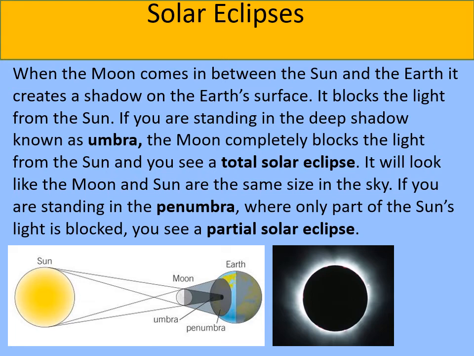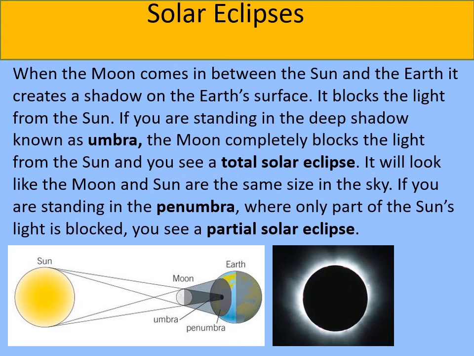When the Earth itself enters the moon's shadow, we see a solar eclipse, and that's regardless of whether it's a penumbra or an umbra. As soon as you're in any shadow of the moon, you will get a solar eclipse. But you will only get a total solar eclipse if you are in the umbra region.